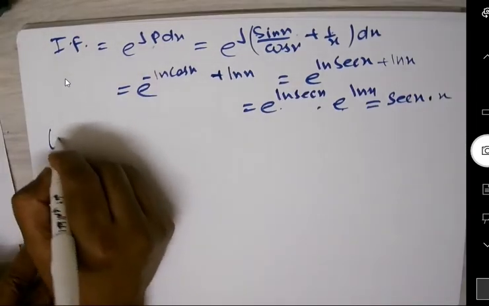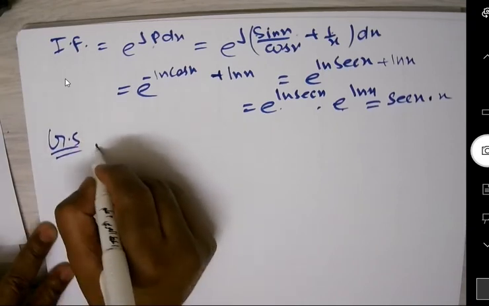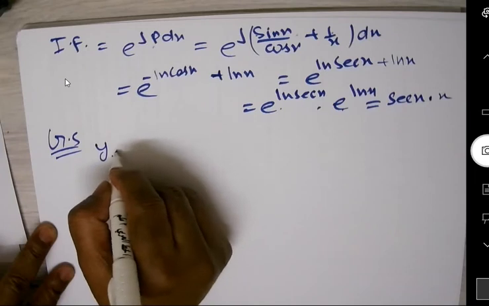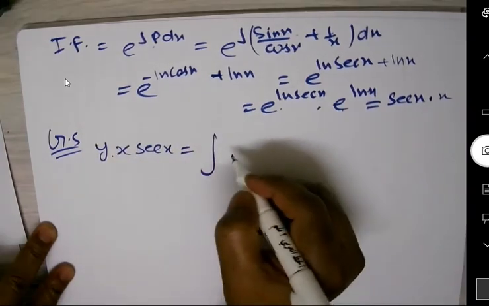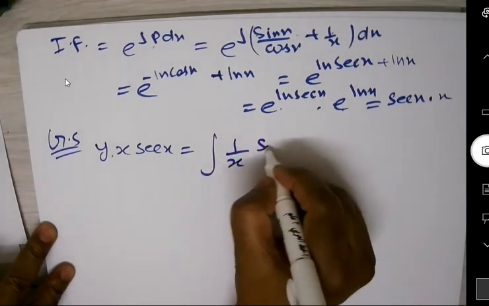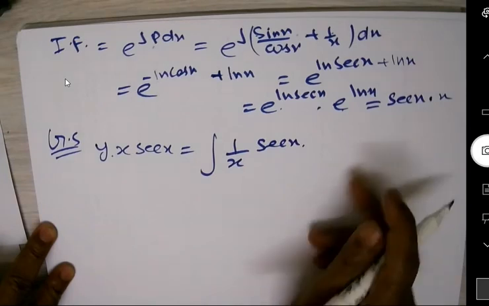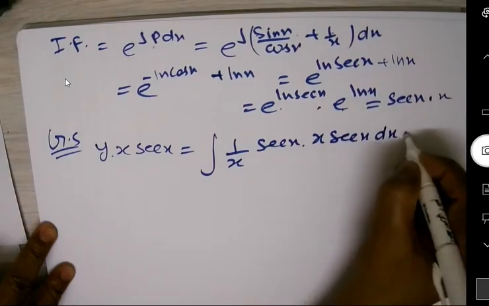Now the second part is the general solution. The general solution of that one is y times integrating factor, x sec x, equal to integral of integrating factor into q. Q means 1 divided by x into sec x, and integrating factor is x sec x, dx plus c.